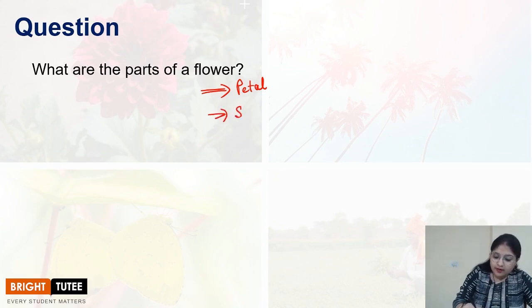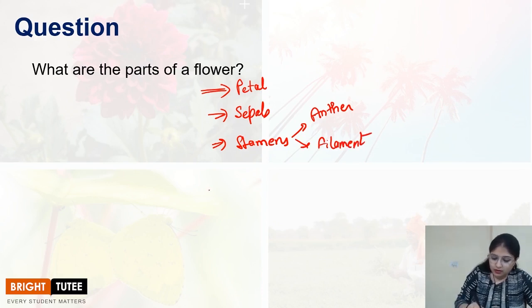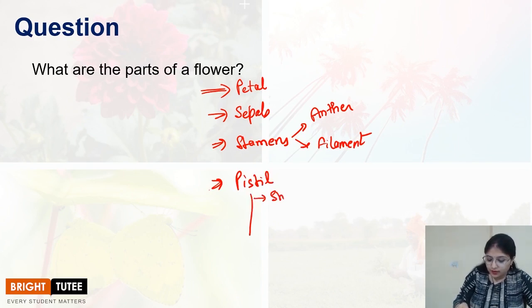Then you have sepals, right? Then further you have stamens. Stamen is further divided into anther and filament, right? Then next you have pistil, and pistil is further divided into stigma, style and ovary, right?